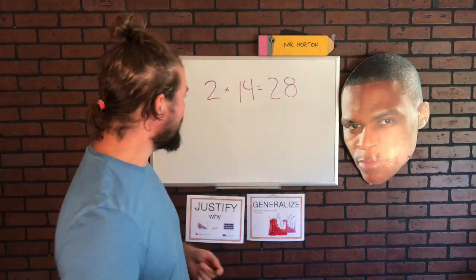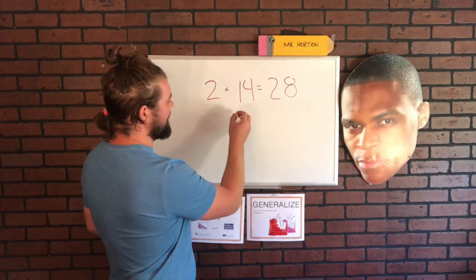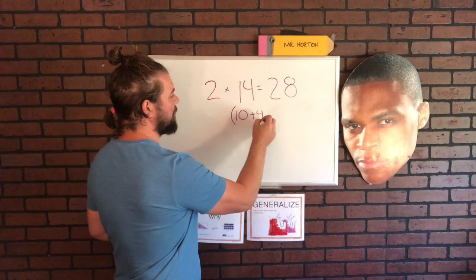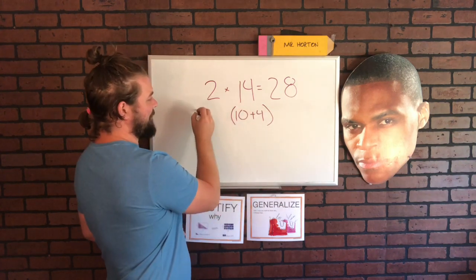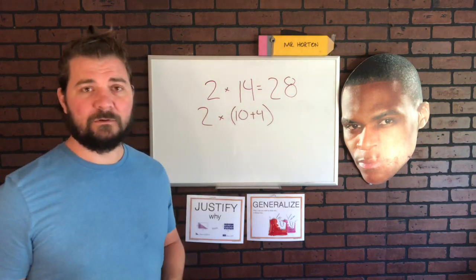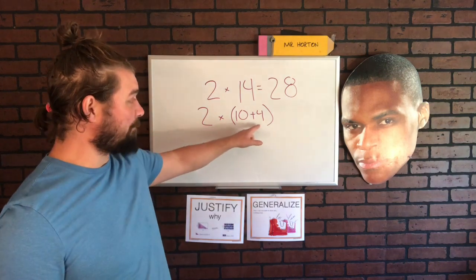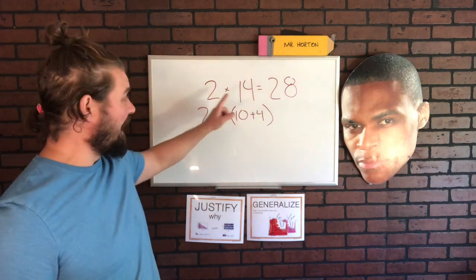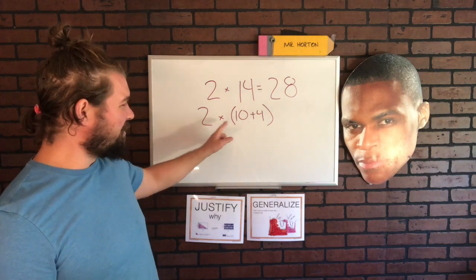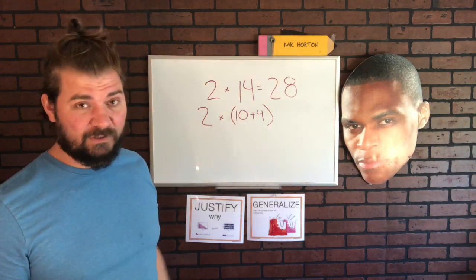So what if I rewrote this and thought, well, 14 is really 10 plus 4. And I really have 2 of these 10 plus 4s. Now, we know 10 plus 4 is 14, and I know 2 of 14 is 28. So is 2 of 10 plus 4 also 28?